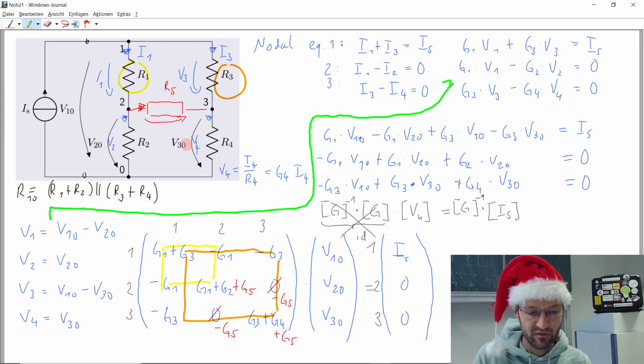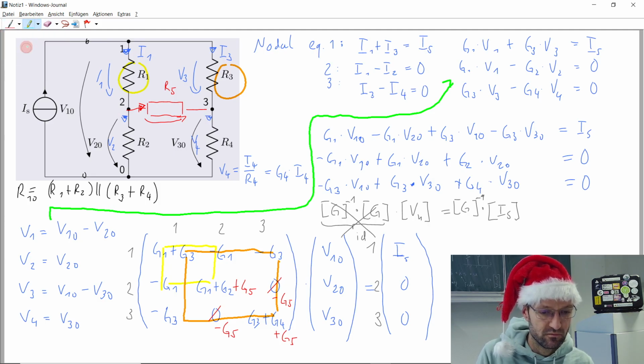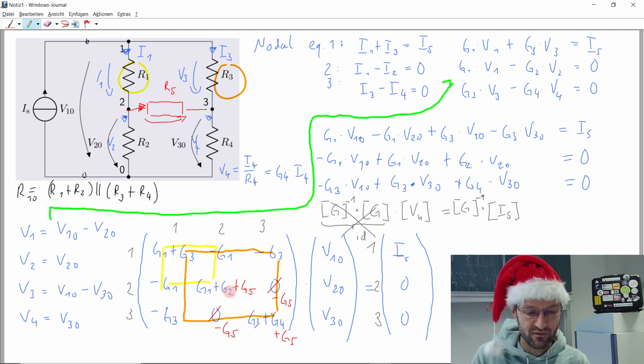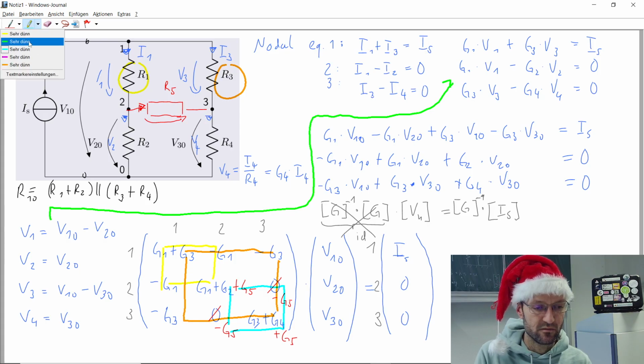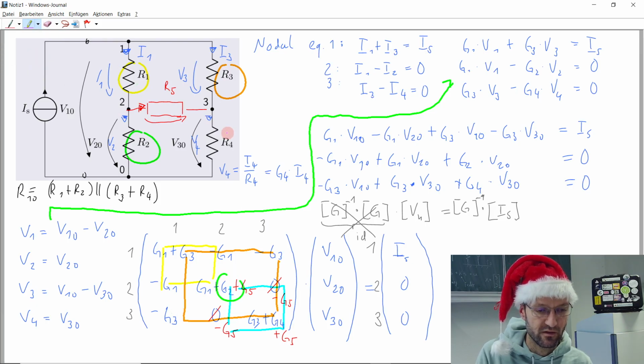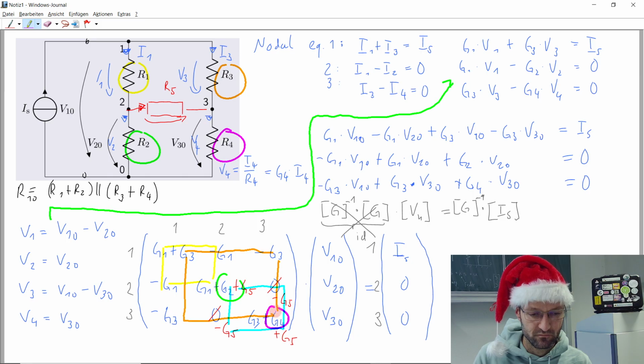And the G5, the red one, we have here, here, and there. So they all appear 4 times, and the other elements, this one here, we just have there, and this one only appears here.